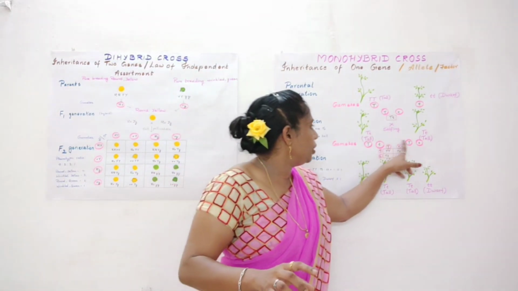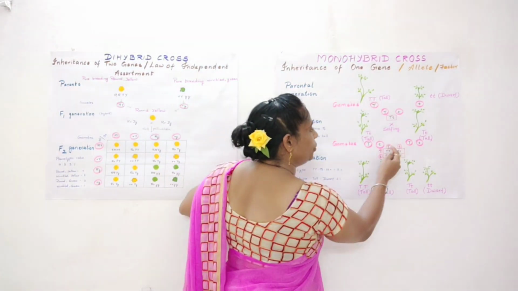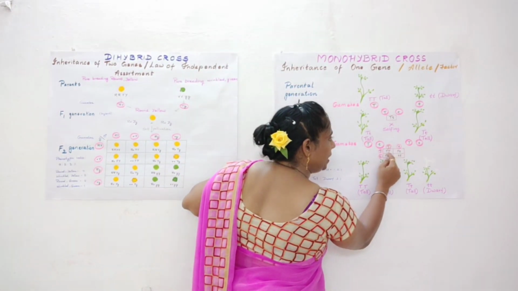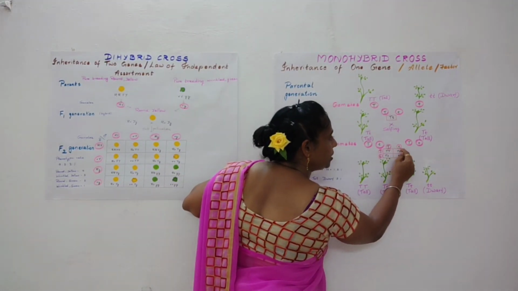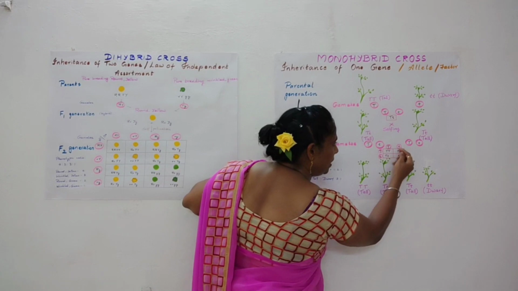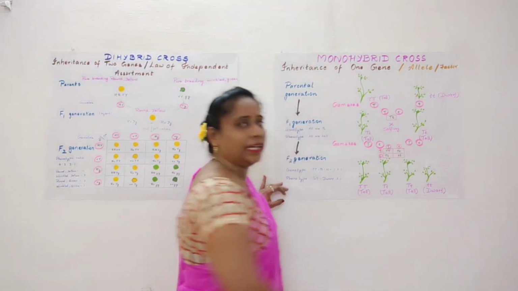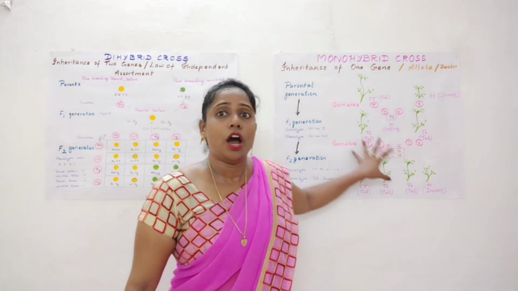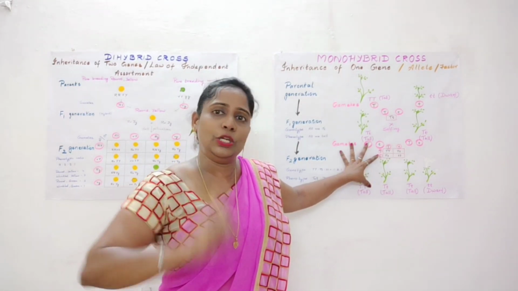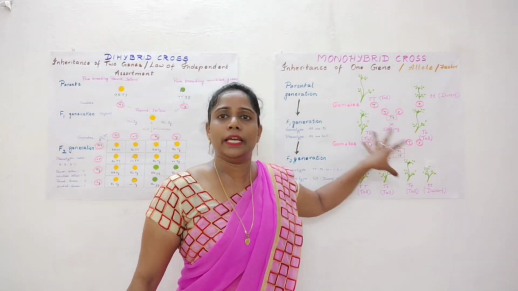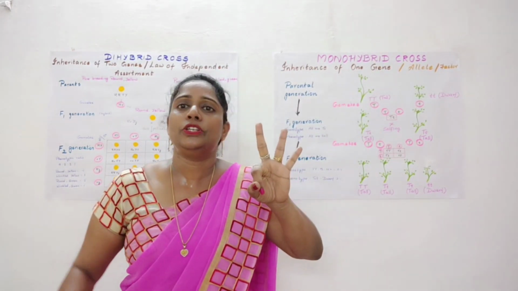Now see, when you use the Punnett square and find the combination: capital T with capital T gives homozygous tall, capital T with small t gives heterozygous tall, small t with capital T gives heterozygous tall, and small t with small t gives homozygous dwarf. So out of 4 plants, 3 were tall and 1 was dwarf. So the phenotypic ratio of monohybrid cross is 3:1.